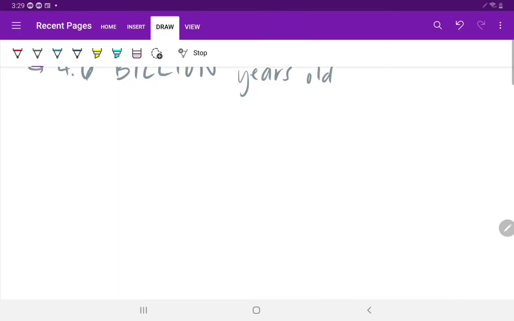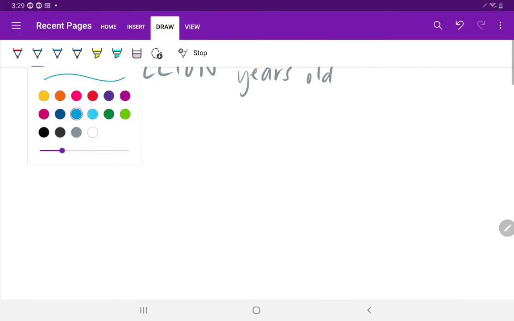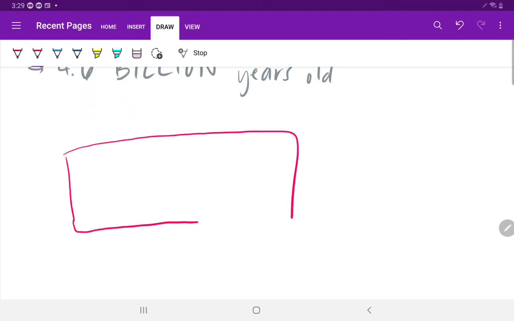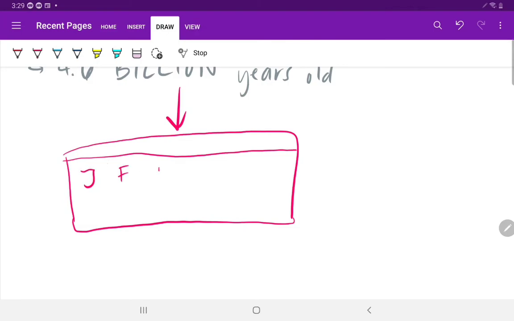So what if we put all 4.6 billion years of Earth's history into a calendar? Here's our calendar. We're putting it into one calendar year, with January, February, March, April, May, and June, then July, August, September, October, November, and December.